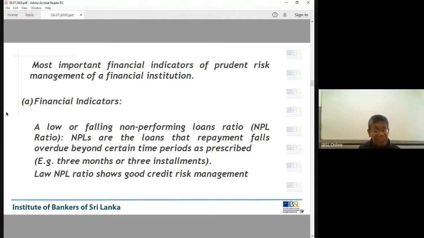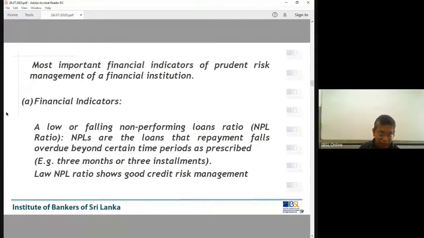Then you say, I don't have any problem, my body is working well. Likewise, important financial indicators are available to customers to see whether a particular financial institution or bank manages its risk prudently. So let's look at some of these indicators.